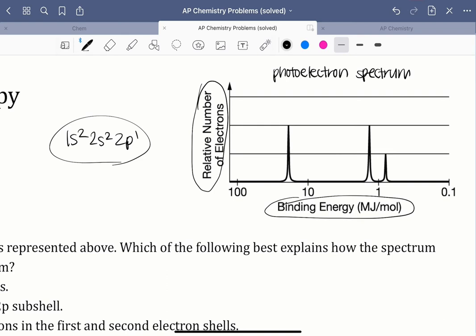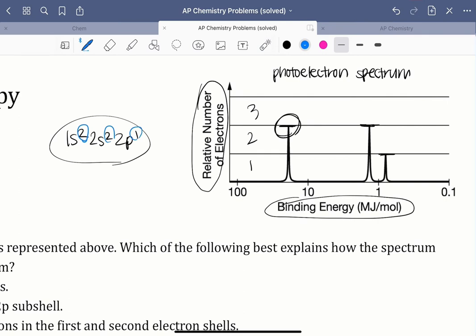In this photoelectron spectrum, it has 3 levels, 1, 2, 3. The first peak ends at the 2 level, the second peak also ends at the 2 level, and the third one ends at the 1 level. Comparing to the electron configuration, it follows the number of electrons.